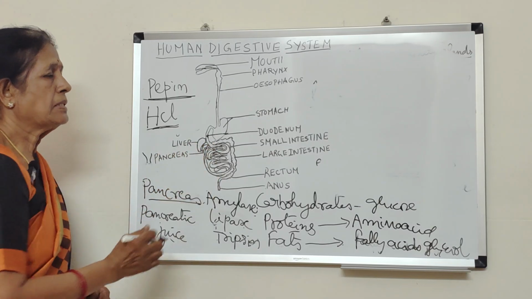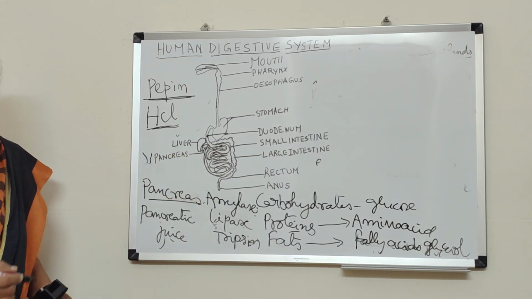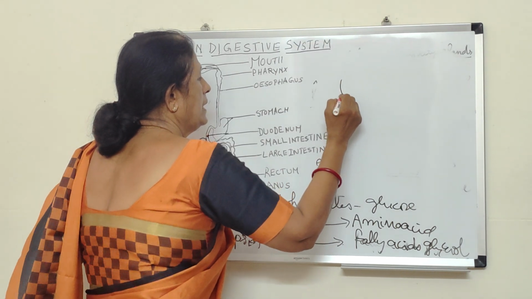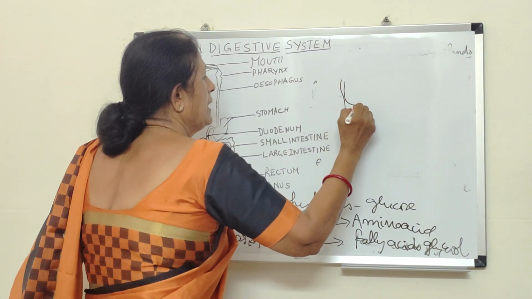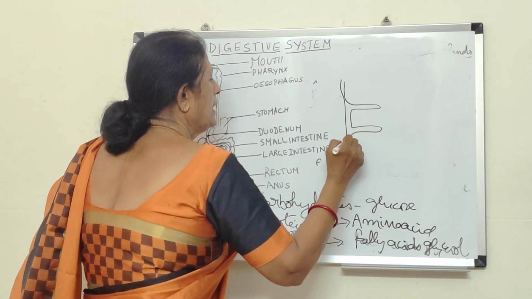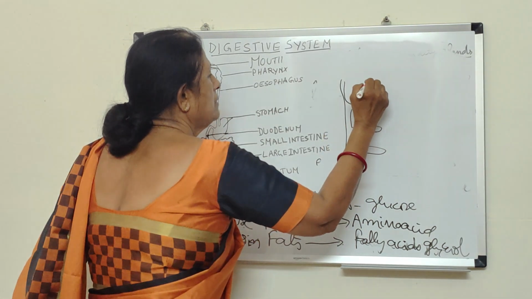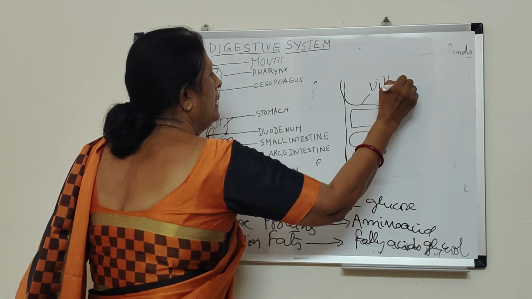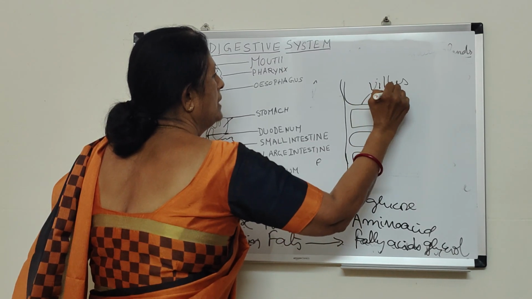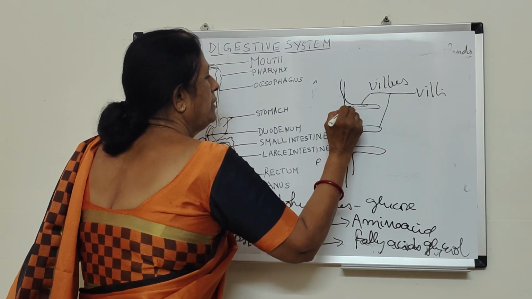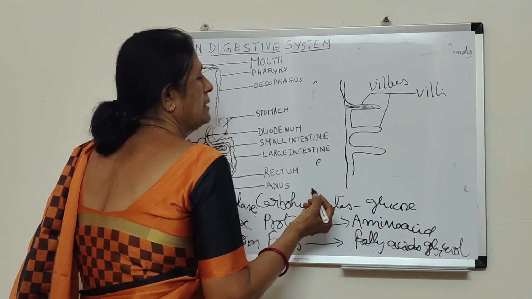The small intestine, the longest part of the digestive system, has several finger-like projections called villi, villus in the singular. They are richly supplied with blood vessels, lymph vessels, etc.